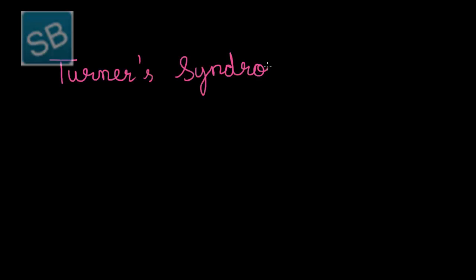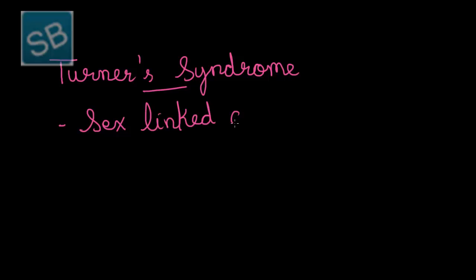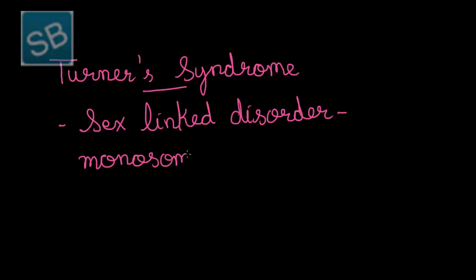Following it, the second type of chromosomal disorder is Turner syndrome. This type of syndrome is considered a sex-linked disorder that occurs due to the monosomy of sex chromosome. It occurs only in females.